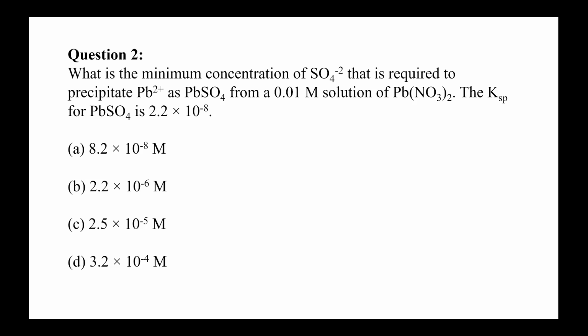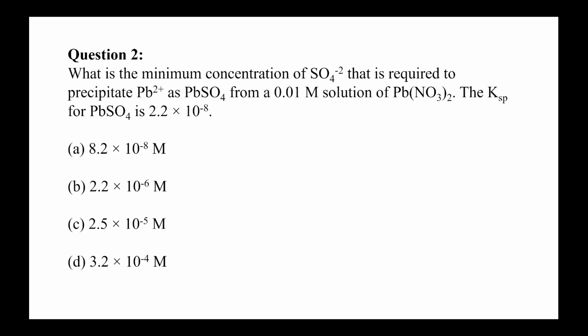Now in that particular salt solution, if I keep adding SO4 2 minus, there will be a reaction between the Pb2 plus ion and SO4 2 minus ions, and PbSO4 will form. There will be a particular concentration of SO4 2 minus at which PbSO4 will start precipitating out from the Pb(NO3)2 solution.